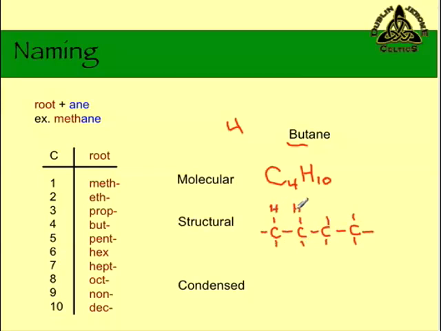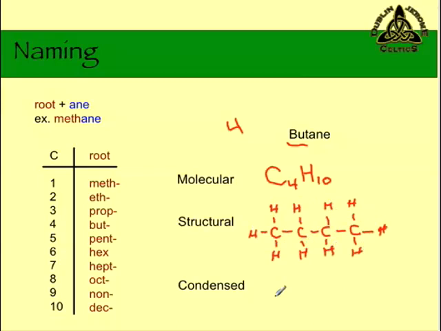It's pretty simple. So we're drawing all our hydrogens. Now notice something about the carbons in the middle. They only have 2 hydrogens on them because 2 of their bonds are going to other carbons. So the carbons on the end have 3 hydrogens. The carbons in the middle only have 2.